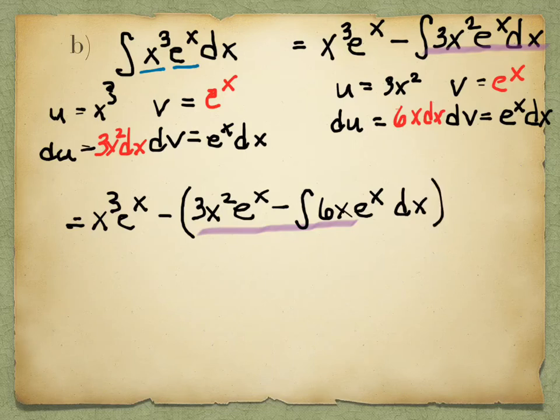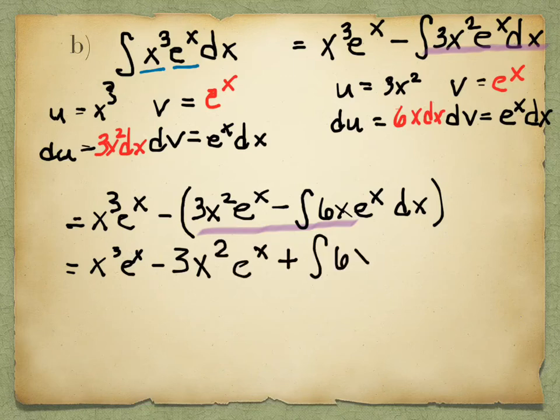I'm going to go ahead and distribute the negative through, because if I don't, we're going to get so many negatives and so many parentheses that it's going to be hard to keep track of them, and I don't want us to lose a negative somewhere or keep one that we shouldn't have kept. So this is x cubed e to the x minus 3x squared e to the x plus the integral of 6x e to the x dx.